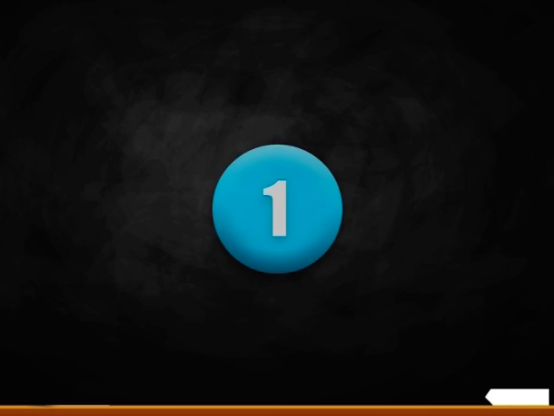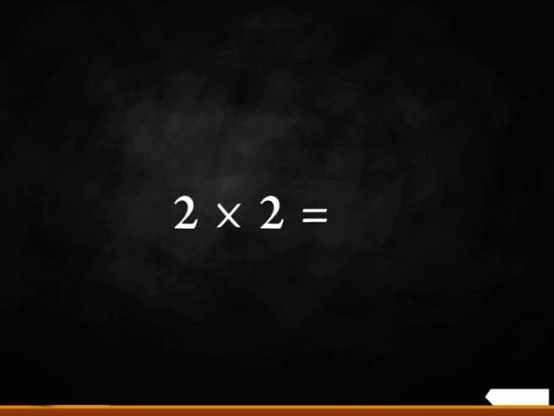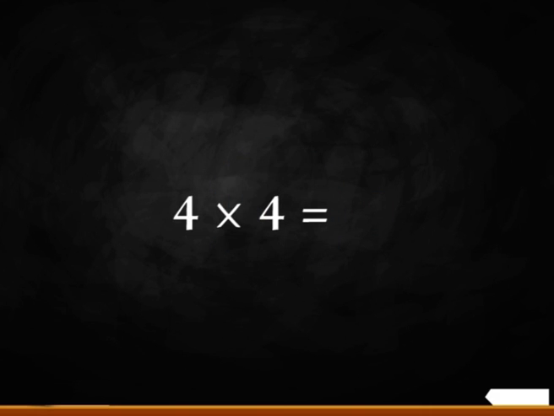So, let's begin with 1. When 1 is multiplied by itself, it just gives 1. But when 2 is multiplied by itself, what does it give? It gives 4. 3 multiplied by itself gives 9. 4 multiplied by 4 gives 16.